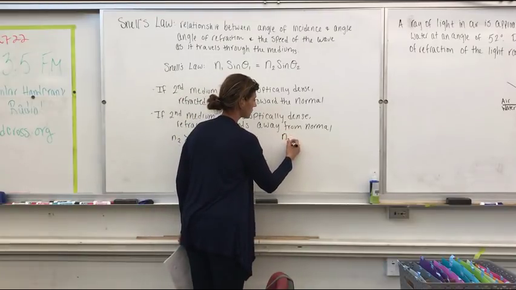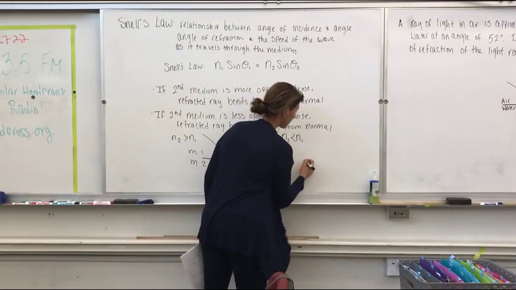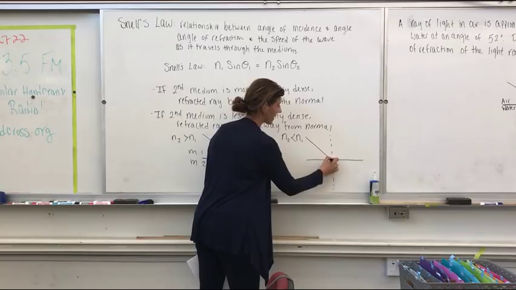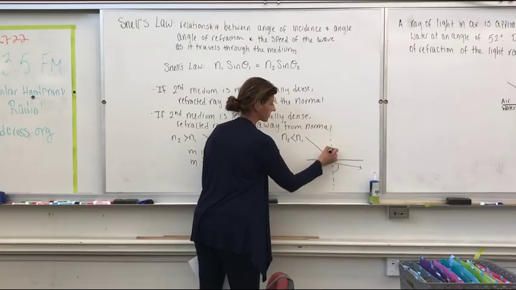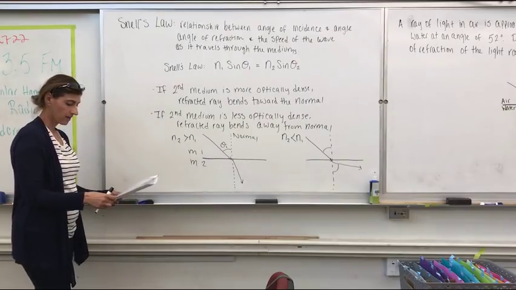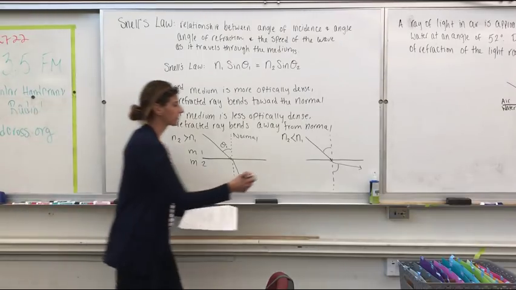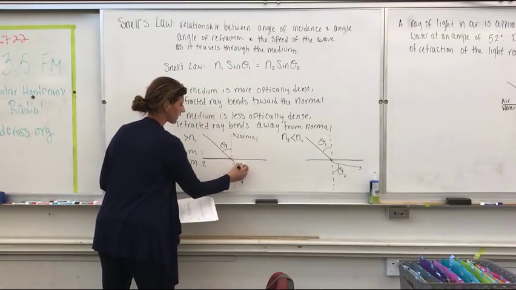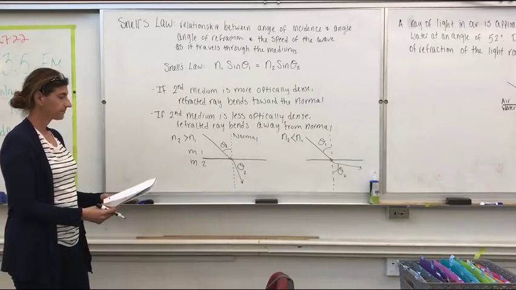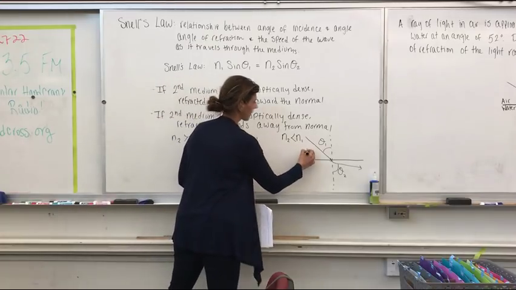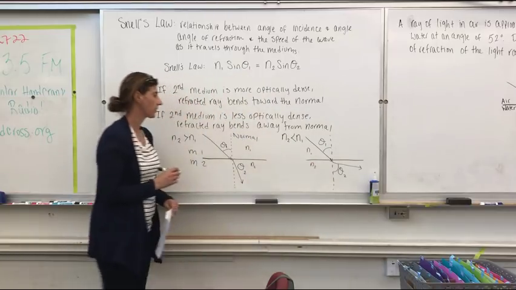If n2 is smaller than n1, then there's your normal, there's the incoming ray, now it bends away from the normal, so you get this very large angle here. Okay? So that's what these two statements mean. Theta 1 and theta 2. This is n1, n2, the optical density of these two mediums.